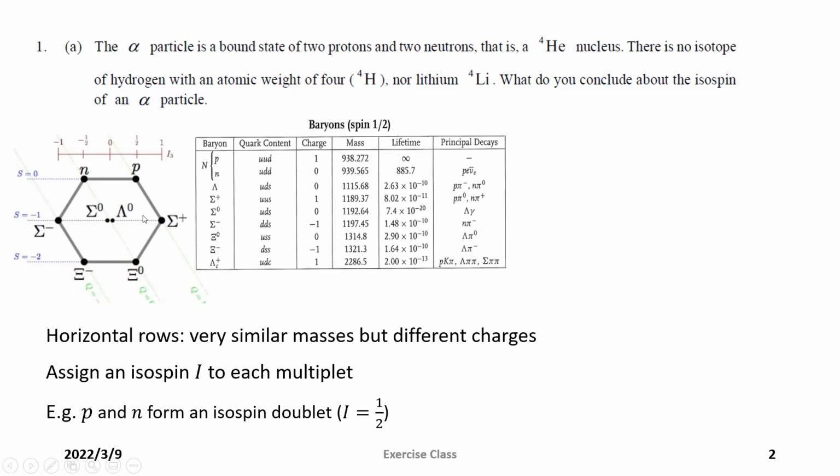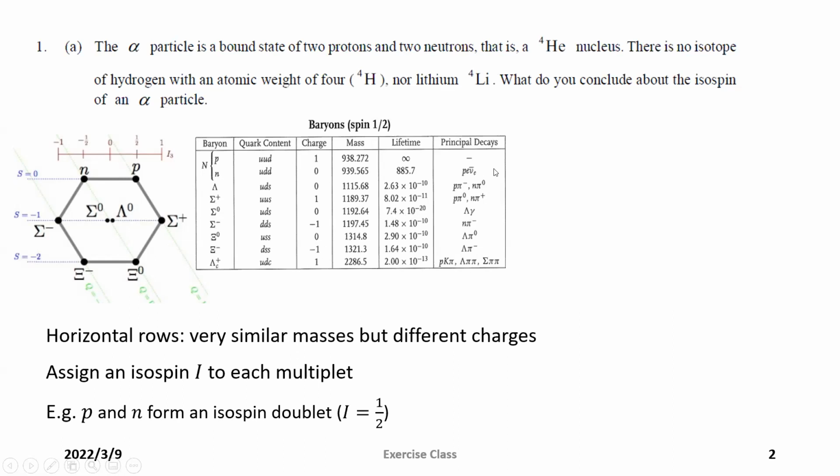In the horizontal rows, neutrons and protons have similar mass but different charges. So we can assign an isospin I to each row. For example, for neutron and proton, we assign an isospin of 1/2, and they form an isospin doublet.